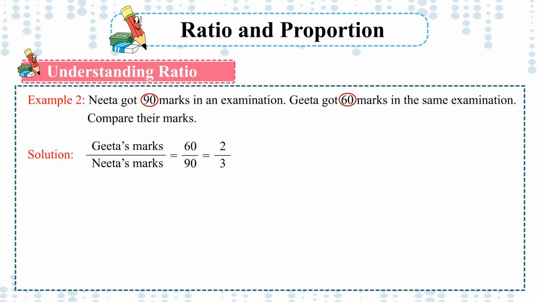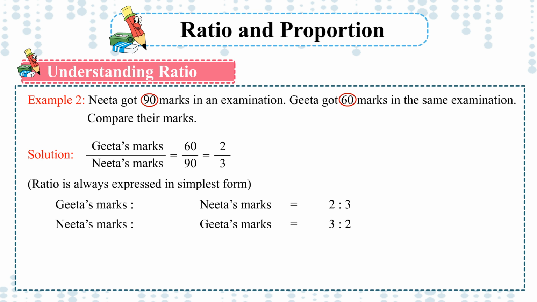Solution. Geeta's marks upon Neeta's marks is equal to 60 upon 90 is equal to 2 upon 3. Ratio is always expressed in simplest form. Geeta's marks ratio Neeta's marks is equal to 2:3.